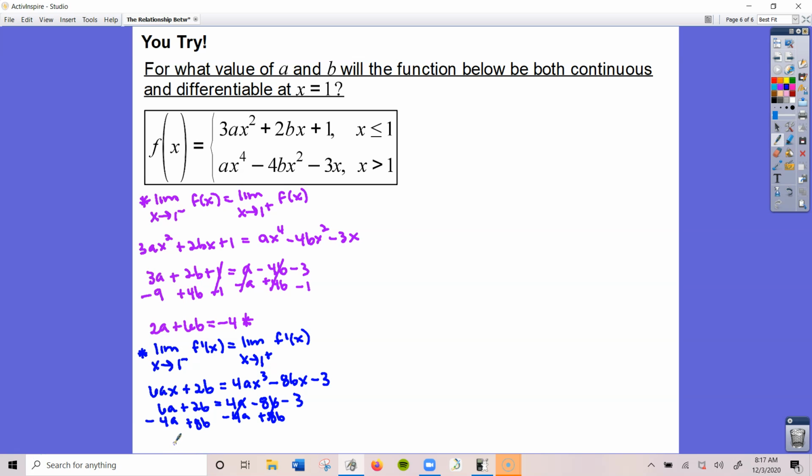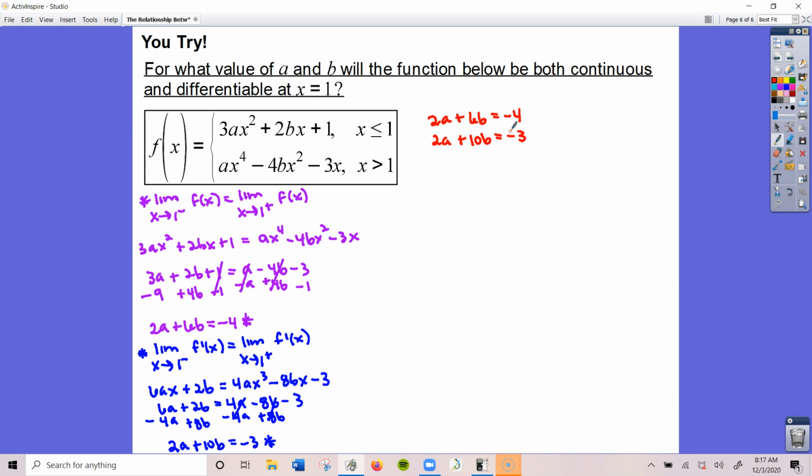That's going to give me the equation 2a plus 10b is equal to negative 3. So now that I have my two equations, I can put them together so that I can solve for a and b. I'm going to line them up: 2a plus 6b is equal to negative 4, and 2a plus 10b is equal to negative 3.